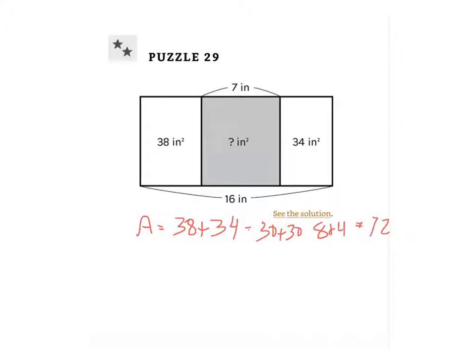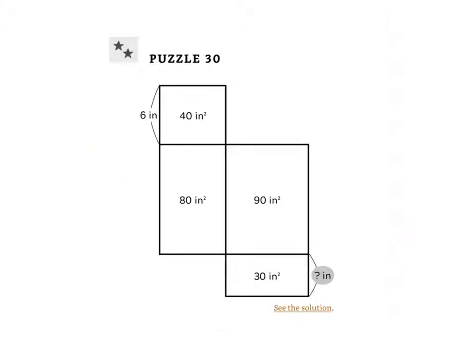The base is 16 minus 7 is 9, and the area is 72. So 72 divided by 9 equals 8. So the height now we know is 8. Okay, so if the height is 8 and the width of this is 7, then this is just 8 times 7.